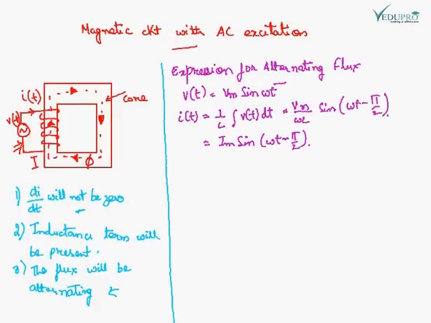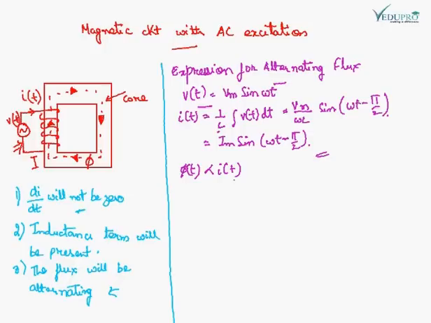Let us assume that v(t) is Vm sin omega t. With this, if the coil is made up of N number of turns and its resistance is zero and inductance is L Henry, then the instantaneous current through the coil is given by 1 upon L integration of v(t) dt, and it comes out to be this.